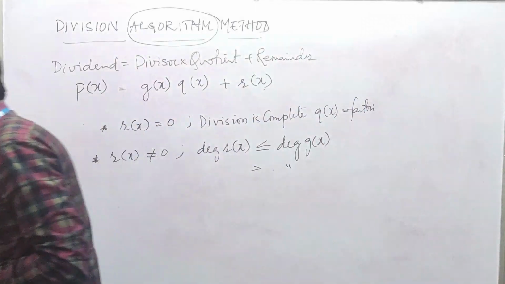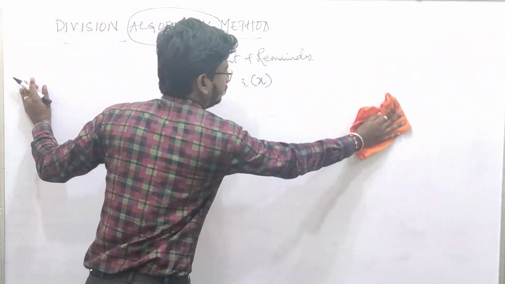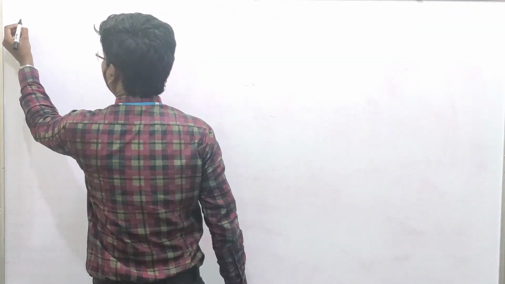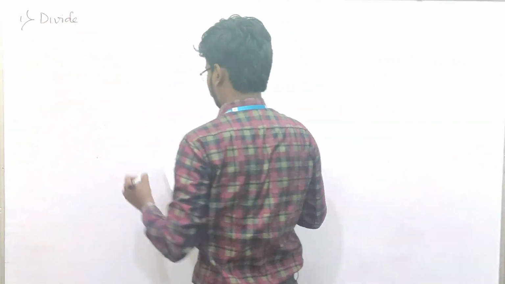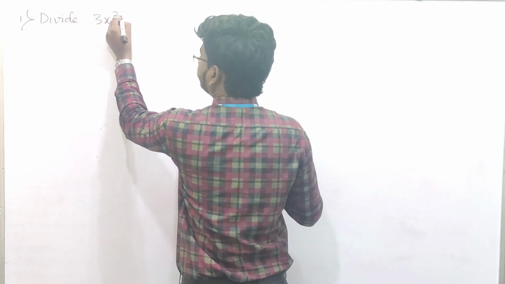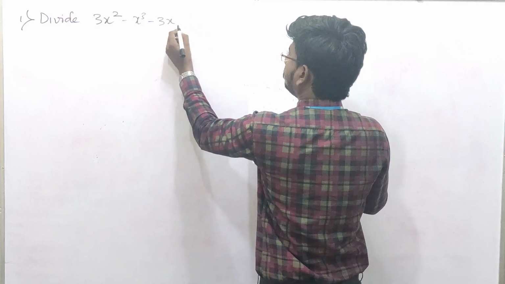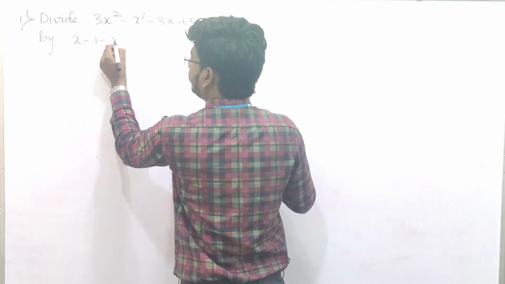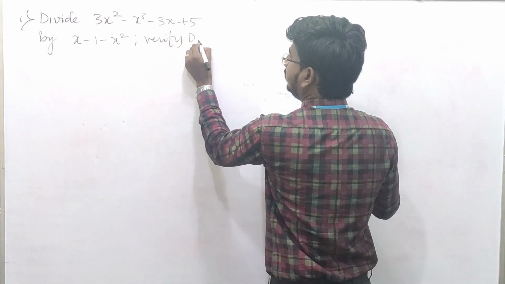So let me explain it now with an example. If you come to one of the solved examples of your textbook, the question will be like: divide 3x square minus x cube minus 3x plus 5 by x minus 1 minus x square, and verify DAM.